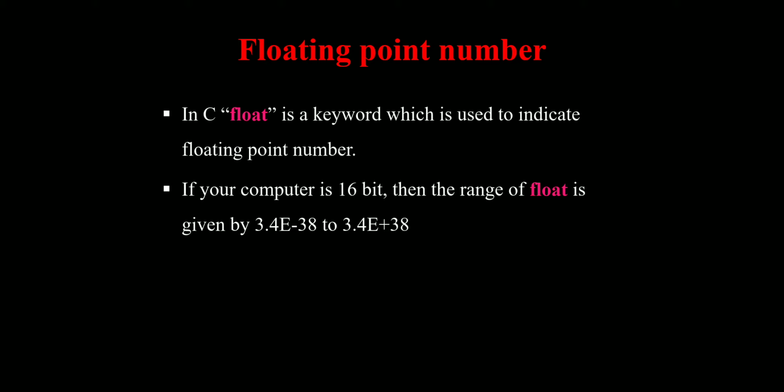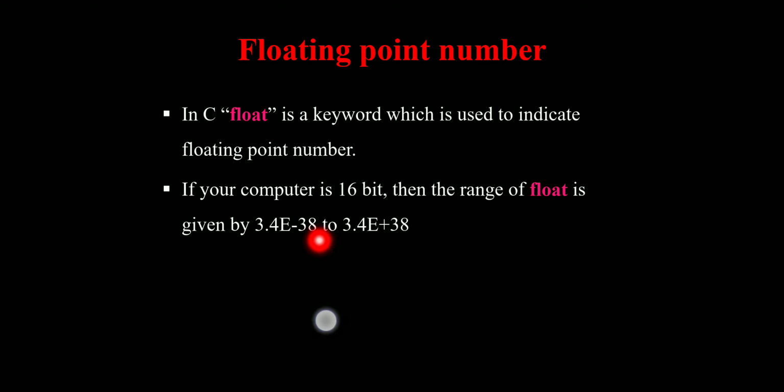Again, for floating point we can use float as a keyword to indicate floating point numbers. If your computer is 16 bit, then the range of float is 3.4e-38 to 3.4e+38.